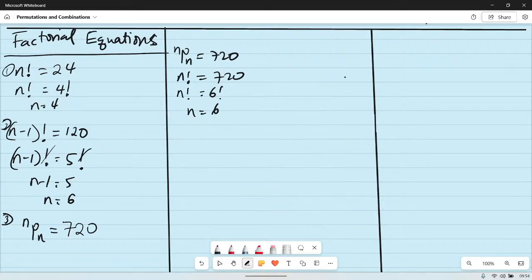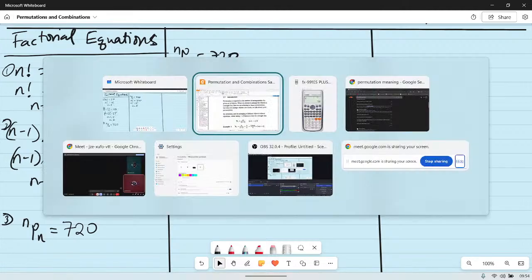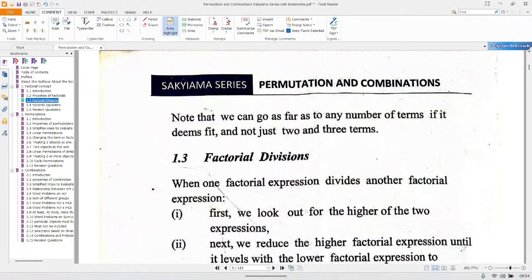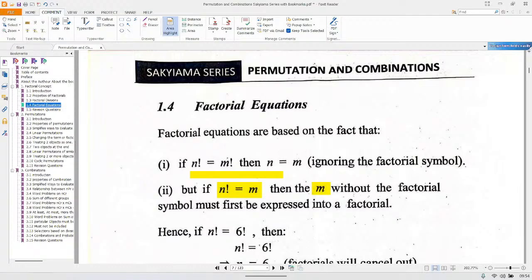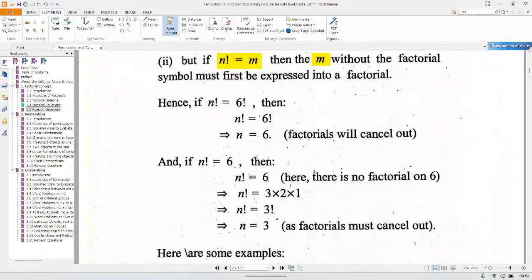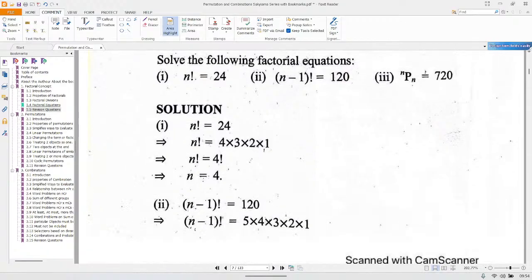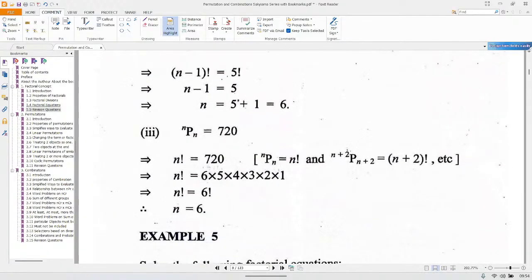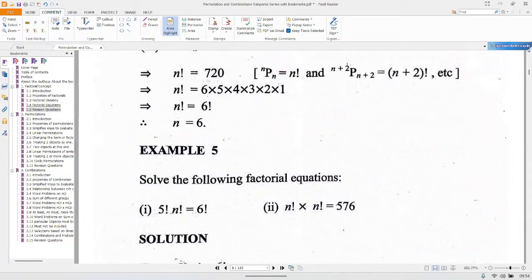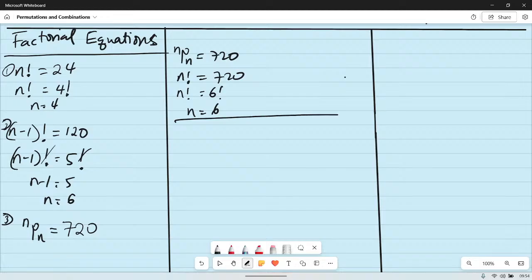So let's continue. Factorial equations. Let's solve this: 5 factorial times n factorial equals 6 factorial. Want to find n?